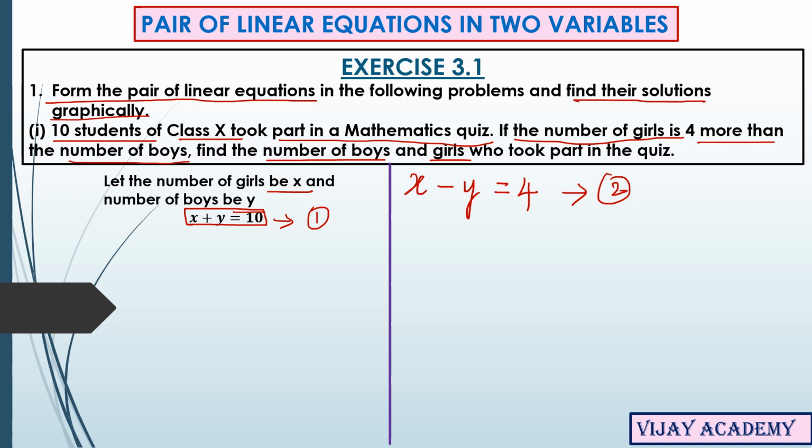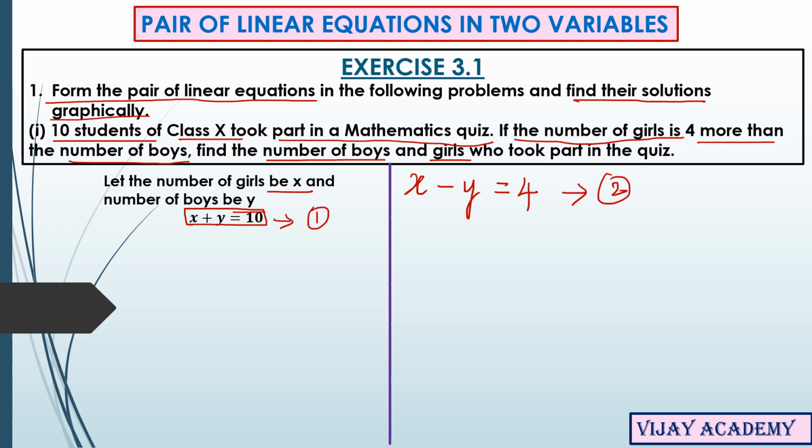Now, to solve the equations in two variables using the graphical method, we have to find some solutions of each equation separately, and then plot those points on the graph paper, from which we get the solution of the equations using the graphical method. So let us find some solutions of the first equation.